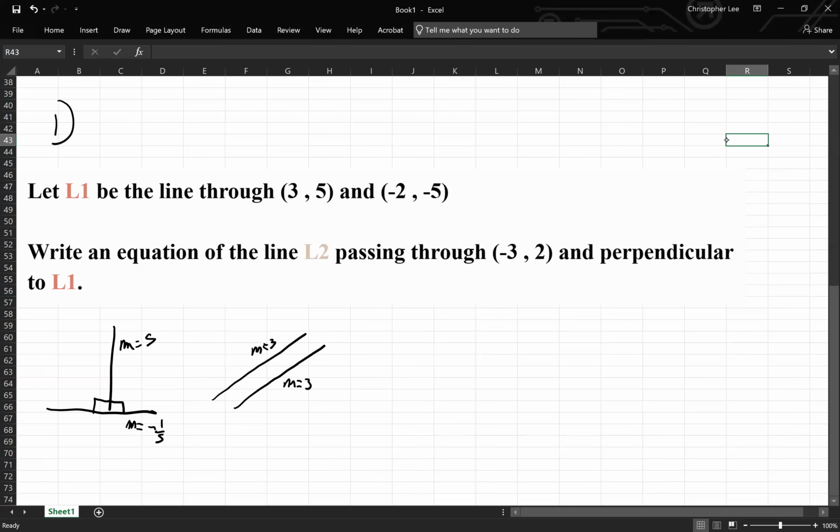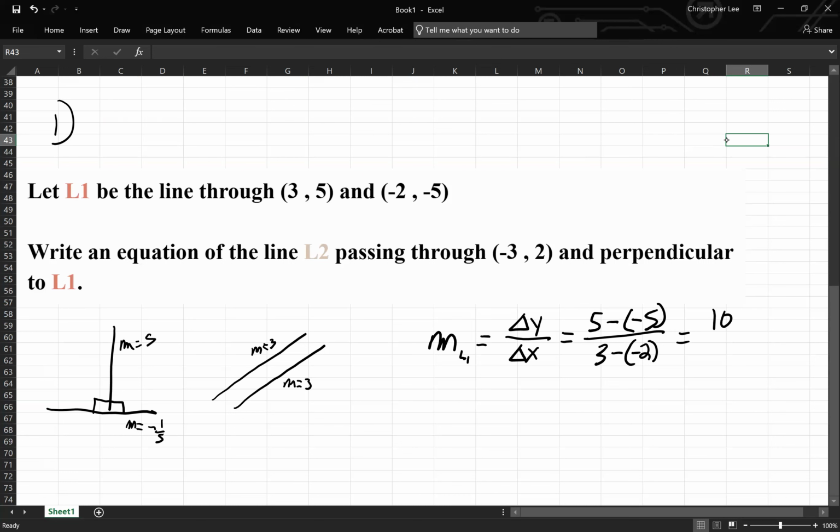Let's take a look at this. So the first thing I want to do is find the slope for L1. And we remember what that was. You have the change in y over the change in x. So let's go from left to right. I have 5 minus -5 over 3 minus -2. A negative negative is a positive.